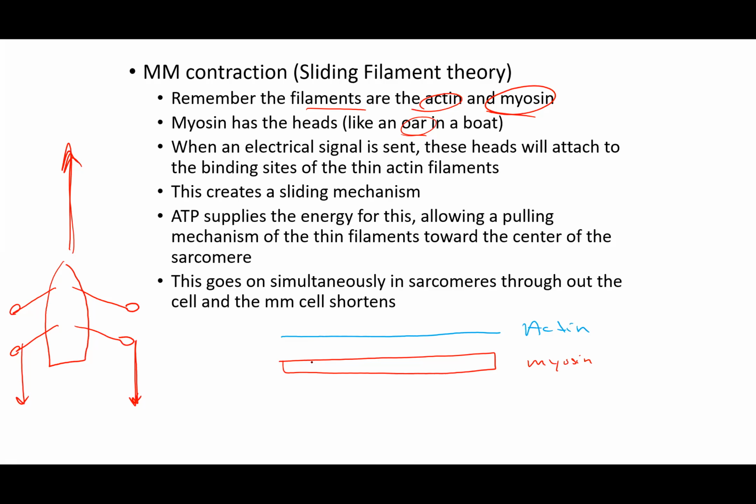When they bind, so it was at rest, which is here, which means they're not binding. When ATP is broken off, that releases energy, which forces the myosin head to now bind to the actin, and it's going to pull, just like the oar.